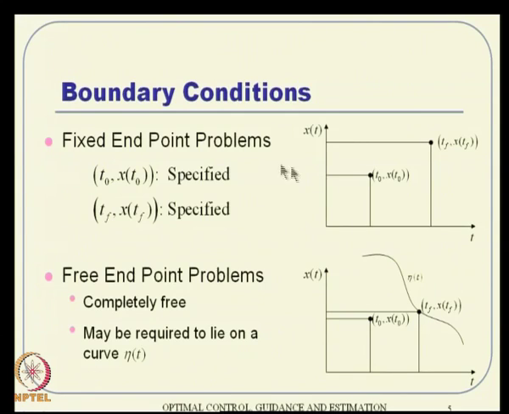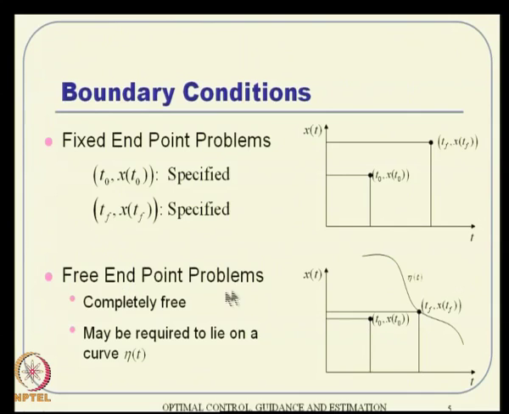Then coming to the boundary conditions, we discussed two classes: fixed endpoint problems and free endpoint problems. A fixed endpoint problem can be fixed both in time and state. Time is the free variable and x is the dependent variable. It can be fixed in both senses: at T0 x can be fixed, at Tf x can also be fixed.